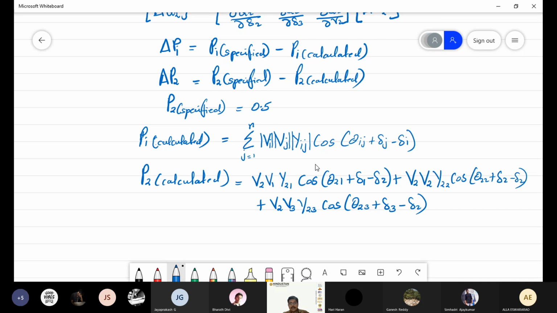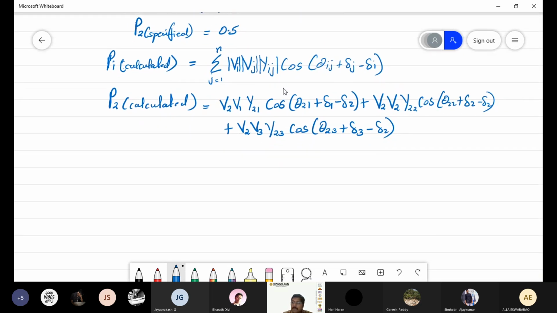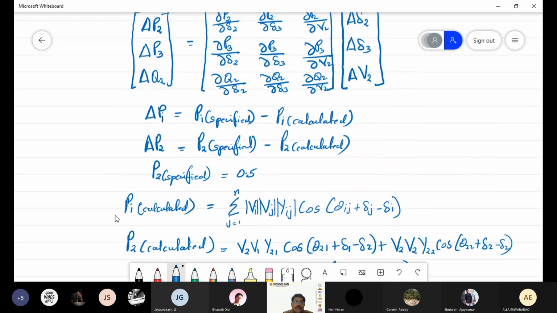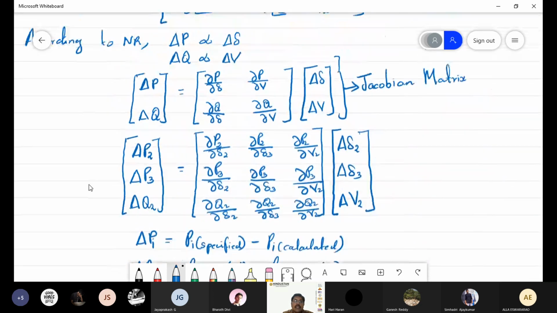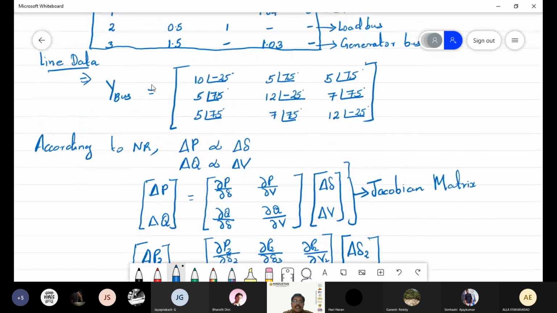I hope you can understand. Just expand this formula, j varies from 1 to n, and i is equal to 2. Now we need to substitute the values here. You can see that the V2 value is specified, the V1 value is specified, and Y21 and all those values are clearly given in the problem.